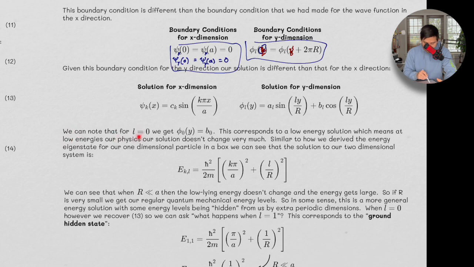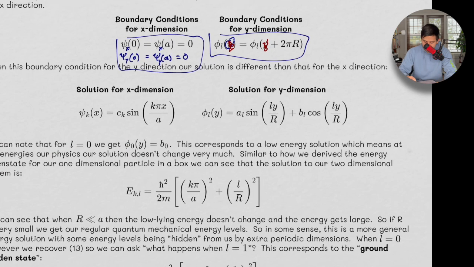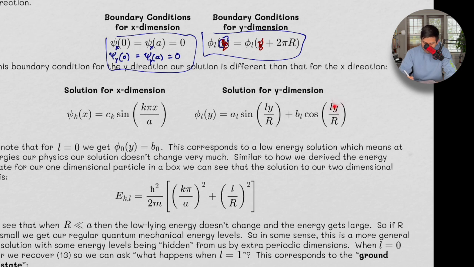If we take note that when L equals 0, we get this right here, right? L is quantized, this function is quantized. When L equals 0, we just get this B1 right here, okay? And then this bit is going to go to 0, because sine of 0 is just 0.